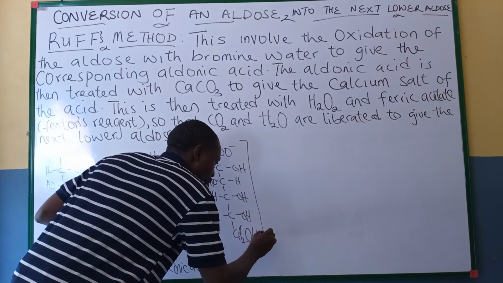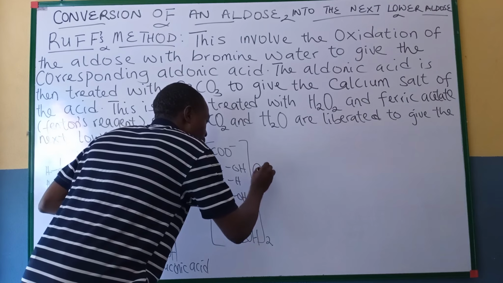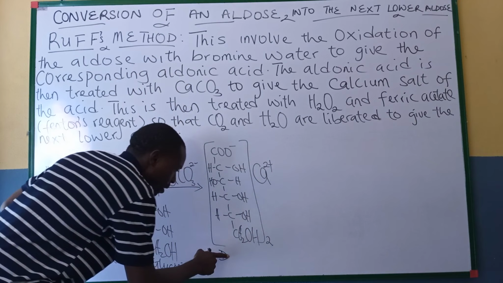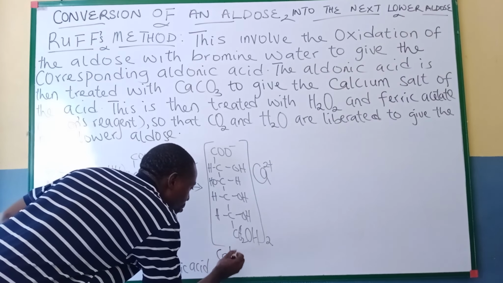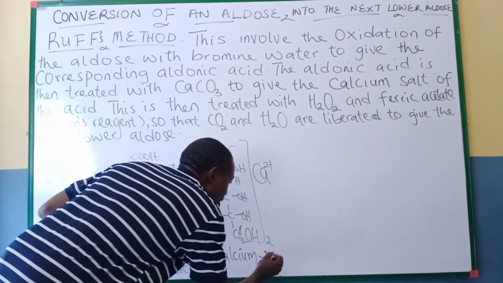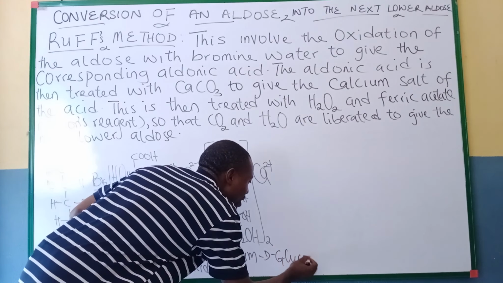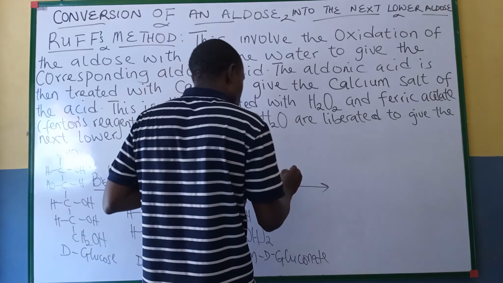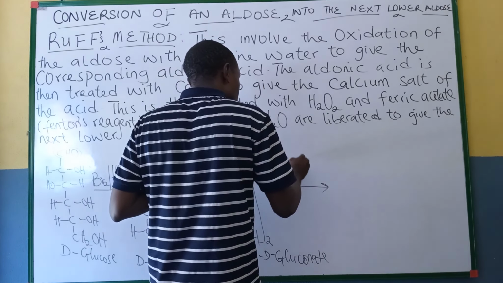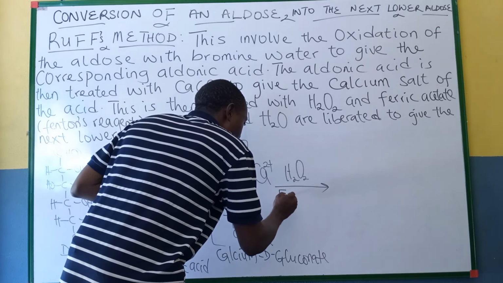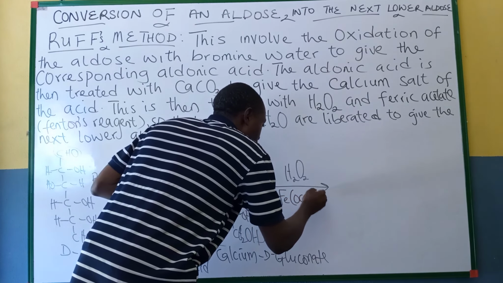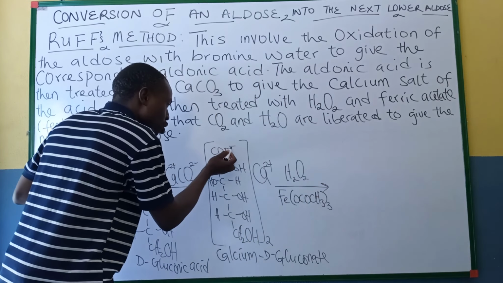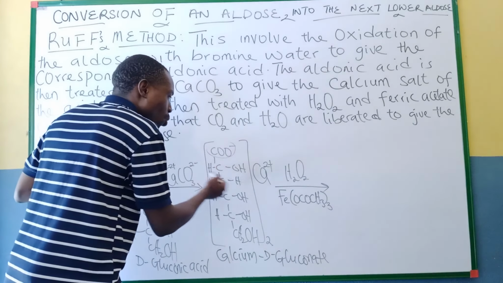This is what we call calcium D-gluconate. And lastly, with Fenton's reagent, talking about hydrogen peroxide with ferric acetate, we get water. CO2 will be liberated from here, and water.